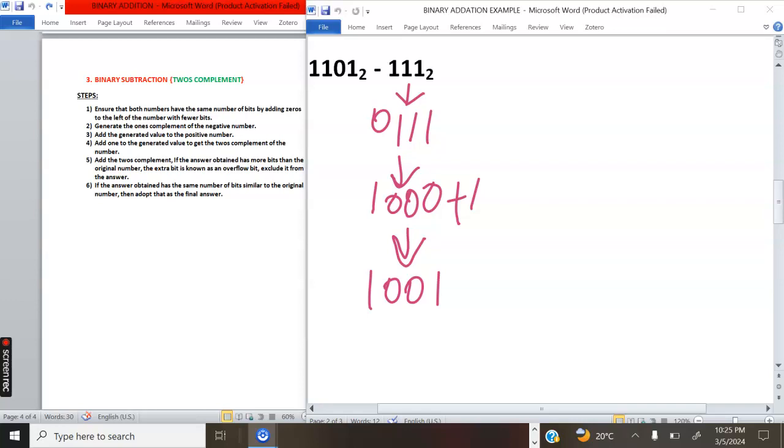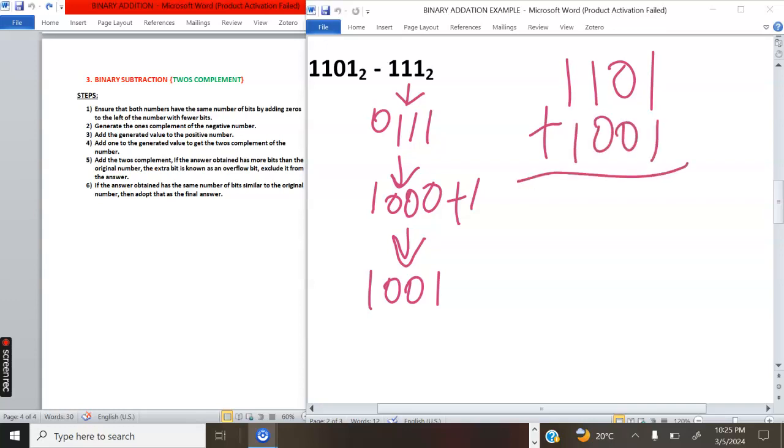Remember the rules? 0 plus 1 is 1, while 1 plus 1 is 1 0. Having gotten that, now you go to the normal addition, which is 1 1 0 1 plus 1 0 0 1. So 1 plus 1 is equal to 1 0, carry 1. 1 plus 0, you get 1. 1 plus 0 is equal to 1.